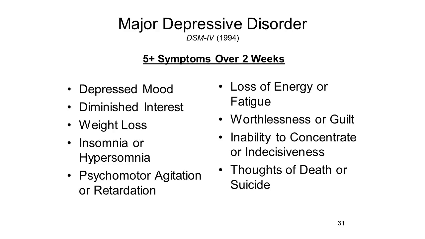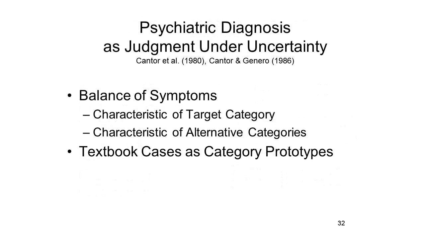Note that you don't even have to be depressed to get a diagnosis of major depressive disorder. Diminished interest in things, coupled with weight loss, insomnia, loss of energy, and inability to concentrate, that'll do the trick too. So regardless of diagnostic category, there's no longer any expectation that all of the symptoms listed as characteristic of a syndrome will be present in any particular case.